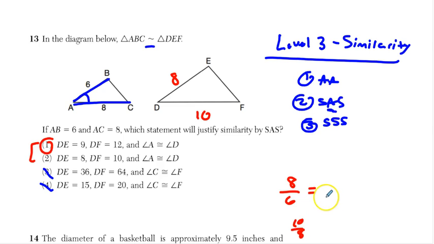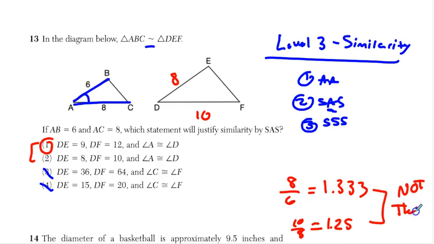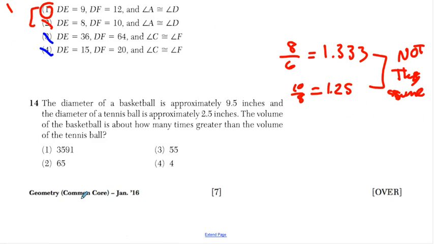Well, 8 divided by 6, if you put that in your calculator, is 1.333333, and 10 divided by 8 is 1.25. This does not give you the same ratio. Not the same. And we need to get the same ratio. So sorry, number 2, you're out. Ratios got to be the same in similar triangles.